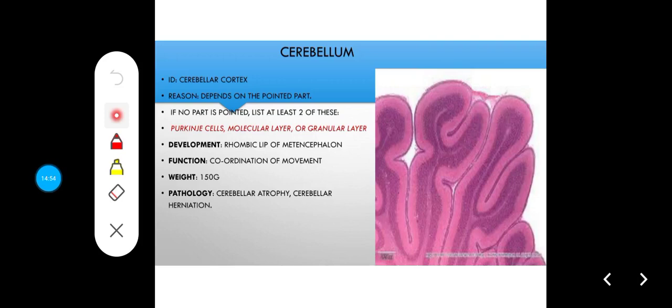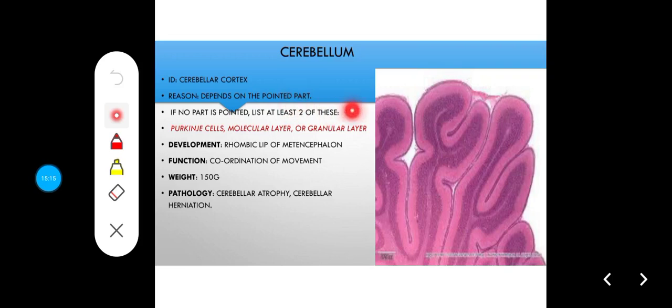The function is coordination of movement and balance. Weight is about 150 grams.